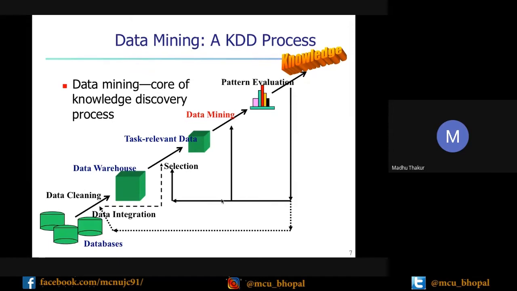Once you integrate your data, you have to clean your data. For data cleaning, yesterday we discussed missing values and outliers. For missing values we also discussed a lot of methods: replace by mean, replace by average value, replace by class mean, replace by global mean, replace by constant value.